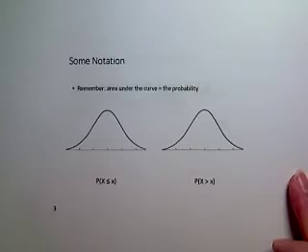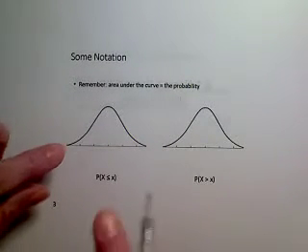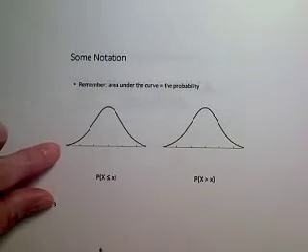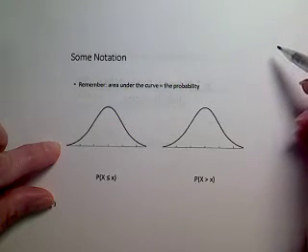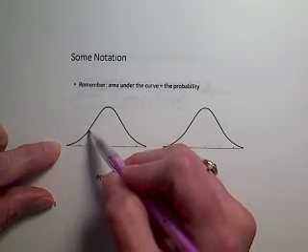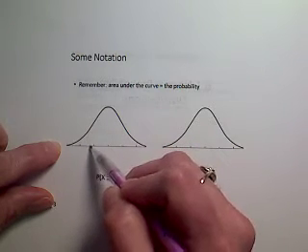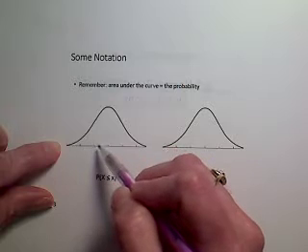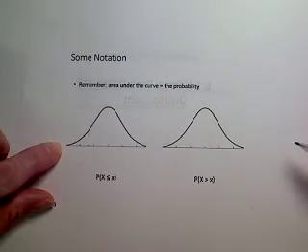Alright, next, let me show you what's going to happen here, a little notation. Instead of having the probabilities in a table, these are continuous, which means I could just take this little slice of this here, 1.4 standard deviations away, and that little slice would be a probability.